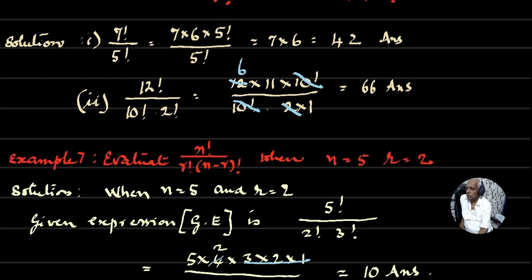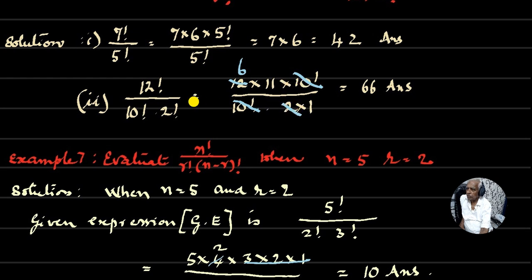Here, factorial 12 divided by factorial 10 factorial 2. Factorial 12 means 12 times 11 times 10 multiplied 9 multiplied 8 multiplied 7 multiplied, like that. We get factorial 10, and factorial 10 gets cancelled.